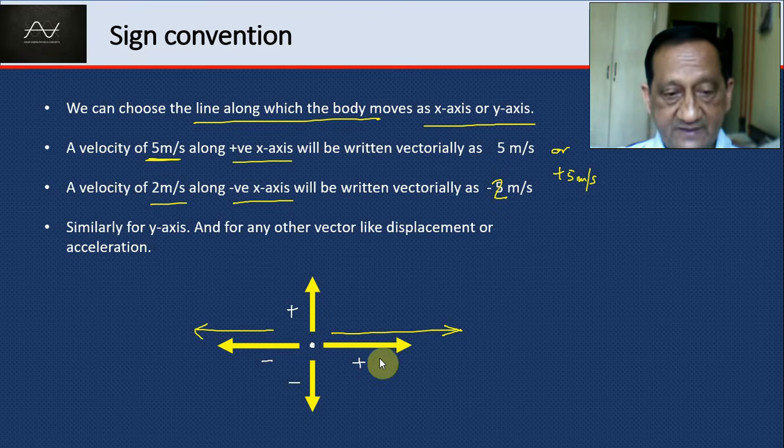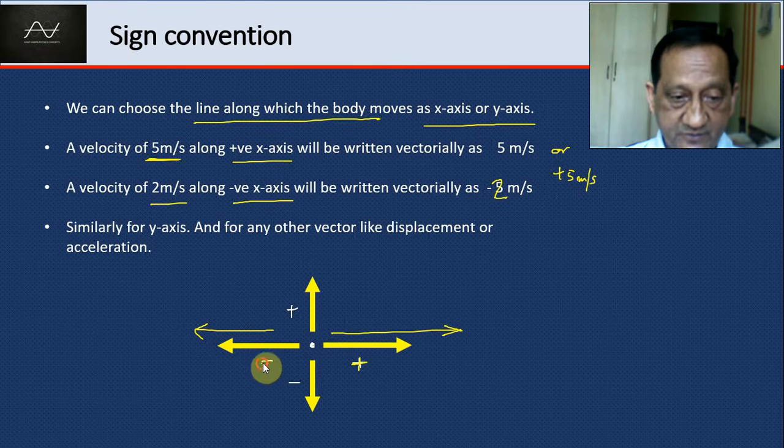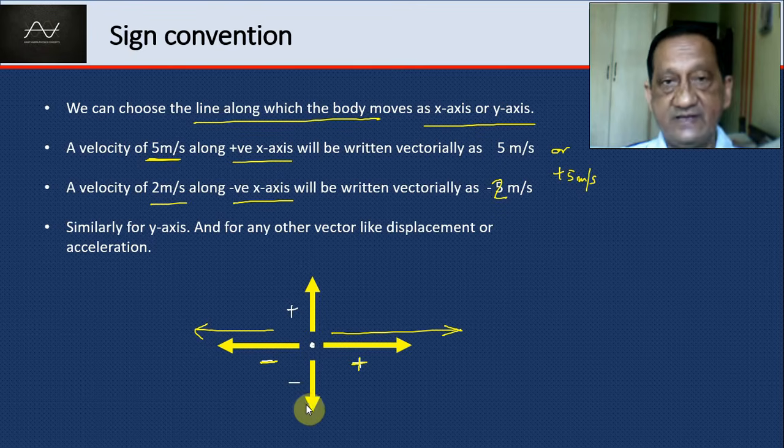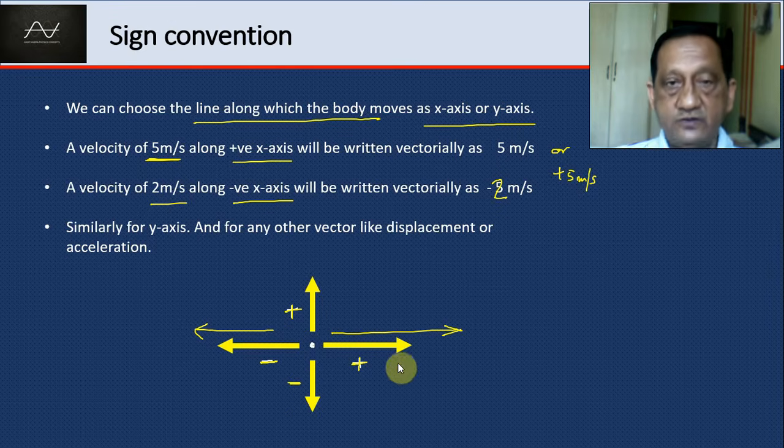Similarly for the y-axis. Any vector pointing to the right along the x-axis is treated as positive. Any vector pointing along the negative x-axis is taken as negative. Similarly, any vector pointing towards the positive y-axis is taken as positive, and a vector pointing towards the negative y-axis is termed negative.